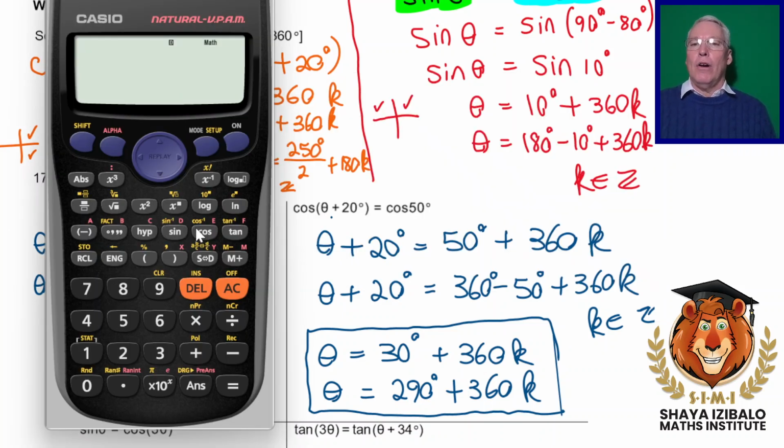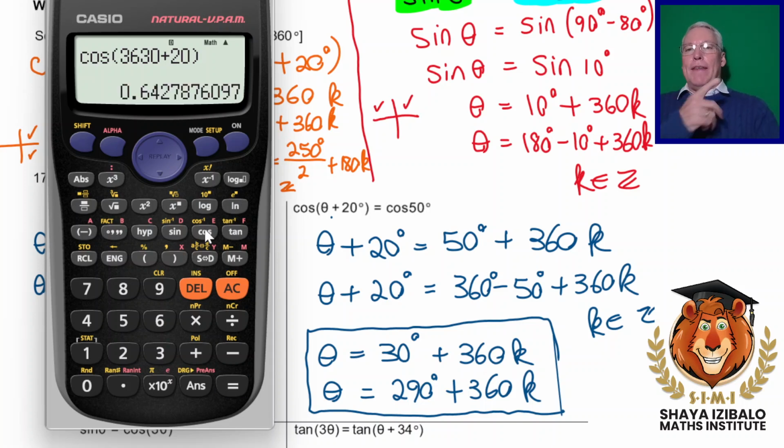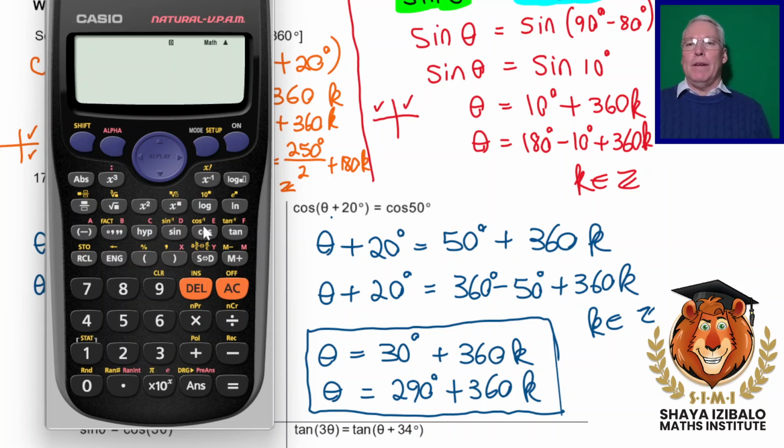So cos of 3,630 plus 20. Okay, let's see what we get. And that'll be exactly the same as if we work out the right hand side, which is cos of 50. Cos of 50 is also going to be 0.642.